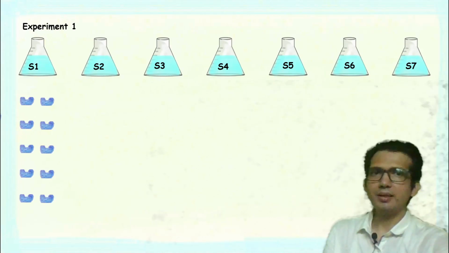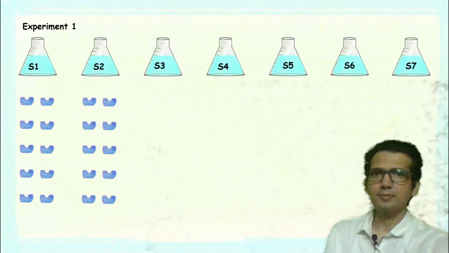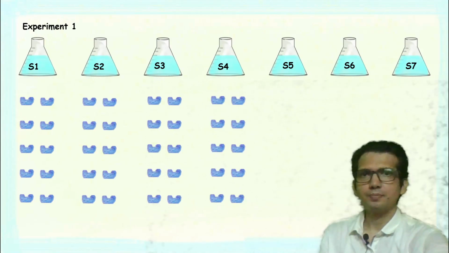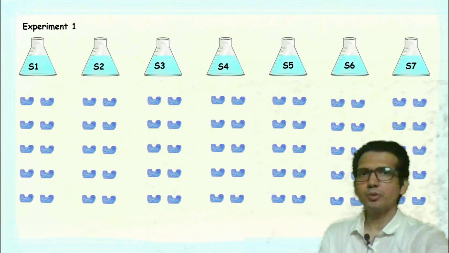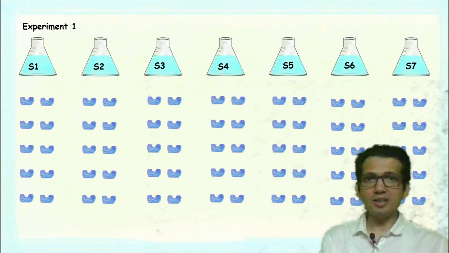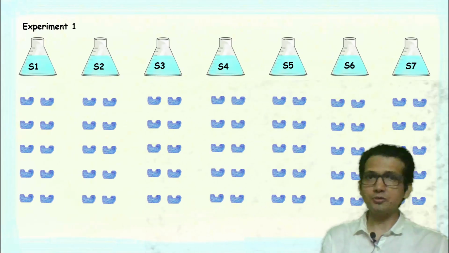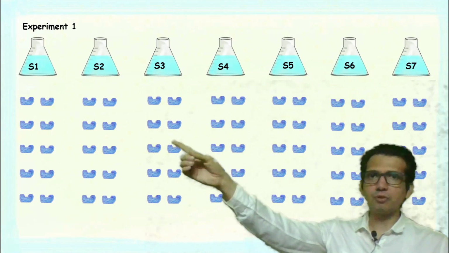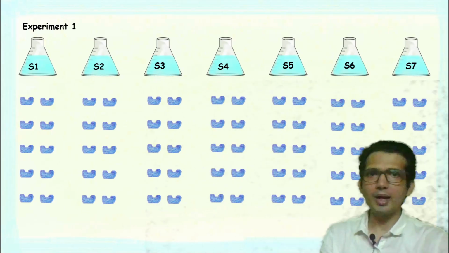So let's say this is the enzyme present in the flask. As you can see, the concentration of enzyme added to each flask is the same, whereas the concentration of substrate is increased from flask S1 to S7.